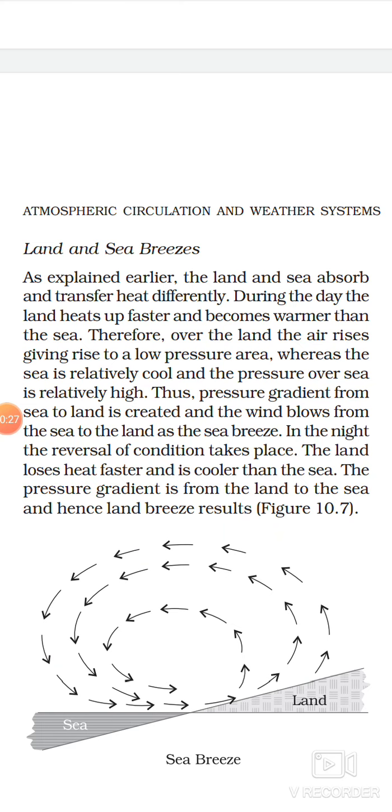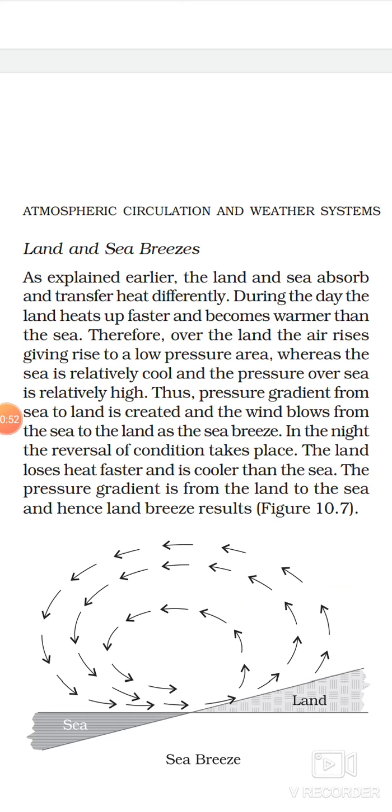This travel of wind from a high pressure region just above the sea and ocean to a lower pressure region just above the landmass will be called the sea breeze. That's mostly common in the daytime.